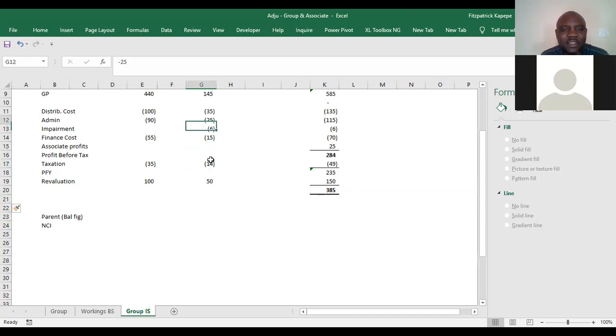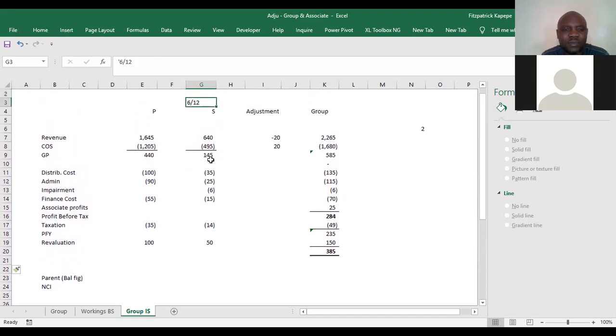So when you come here, you check how much do we have if we're to look for the total.